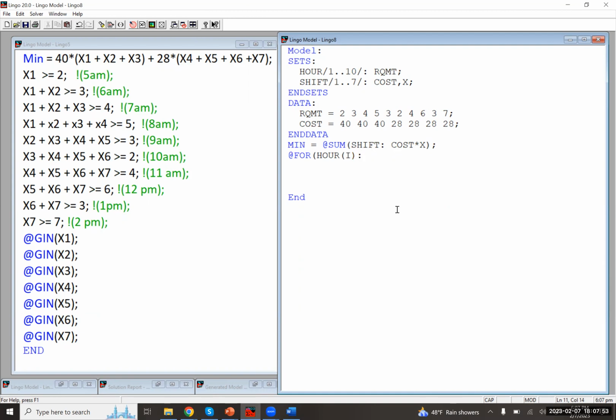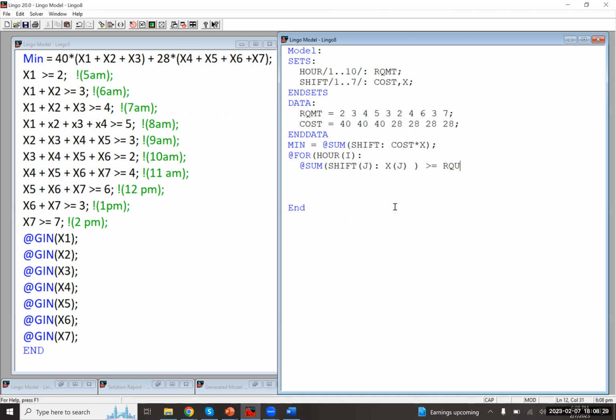For each hour, you need to sum shift. Let's use a different subscript J, and XJ has to be at least as large as the hour's requirement.